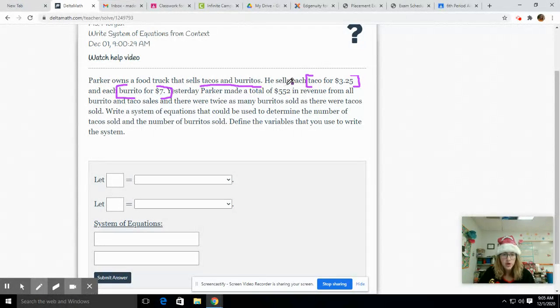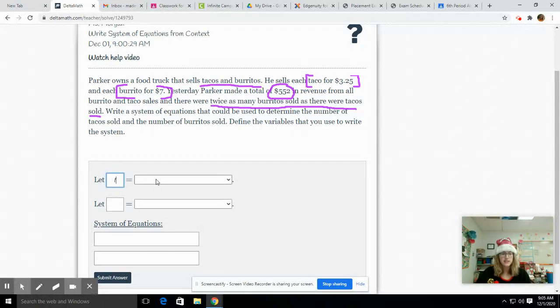He made a total of 552, and there were twice as many burritos sold as there were tacos sold. I think all the stuff I highlighted is pretty important. So we're dealing with tacos and burritos.